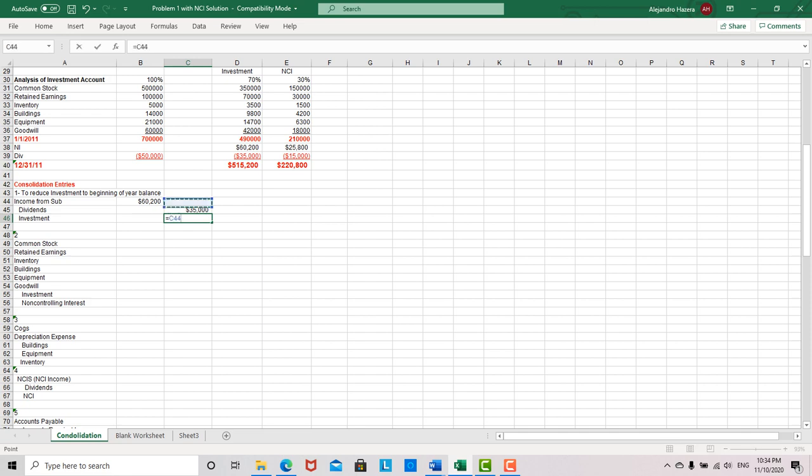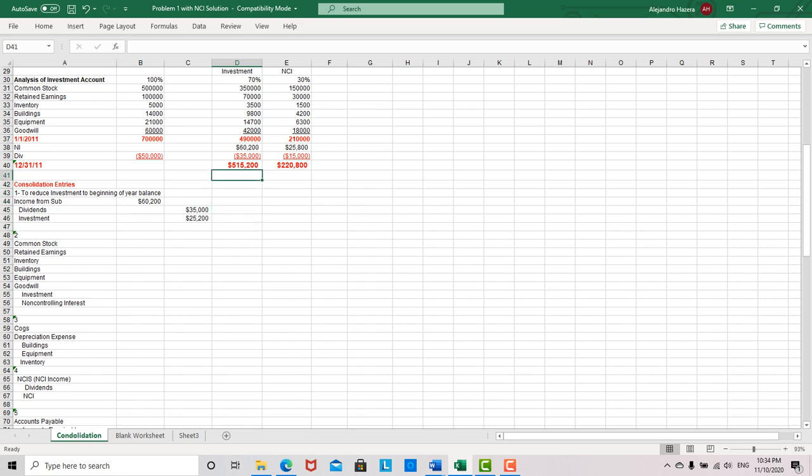In this case, it just happens to be 60,200 minus 35,000, 25,200. Now, conceptually, if you take 515,000 and take out that credit for 25,200, we'll end up with 490. So after entry 1, we have a balance of 490, at least on the consolidation worksheet.